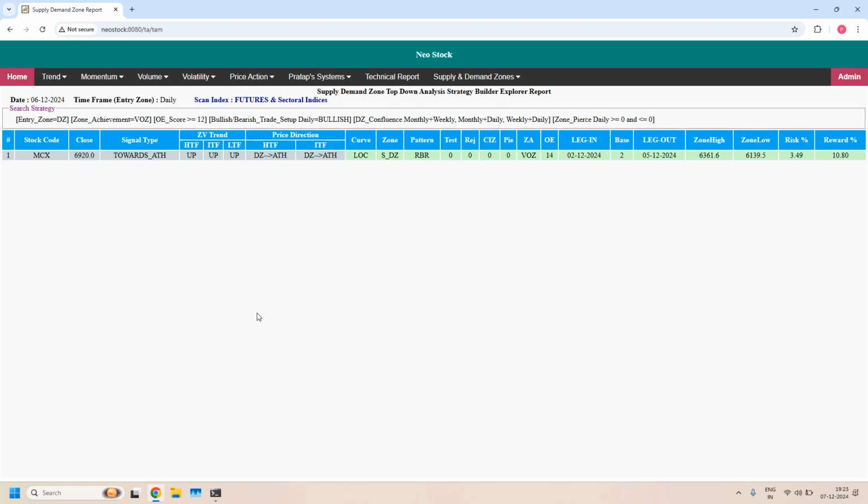In this MCX stock, this is the daily zone, the all-time high daily demand zone. This is part of the weekly demand zone. Both this daily and weekly together are part of the monthly demand zone. And if that monthly demand zone has monthly EMA confluence, it is an even more high probability trade setup supported stock. Let's verify.